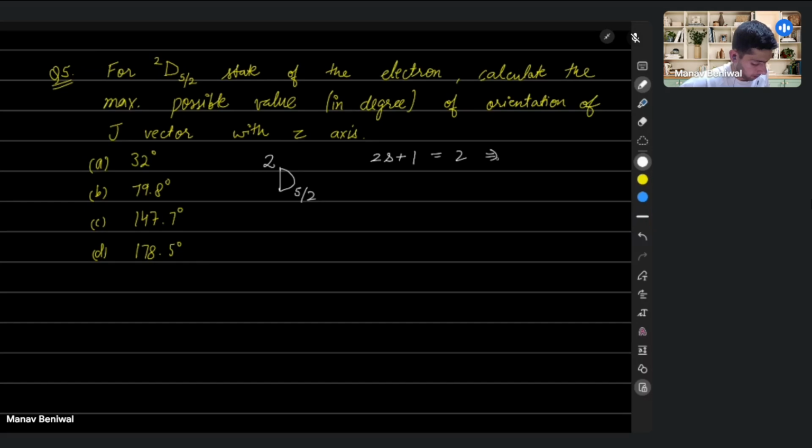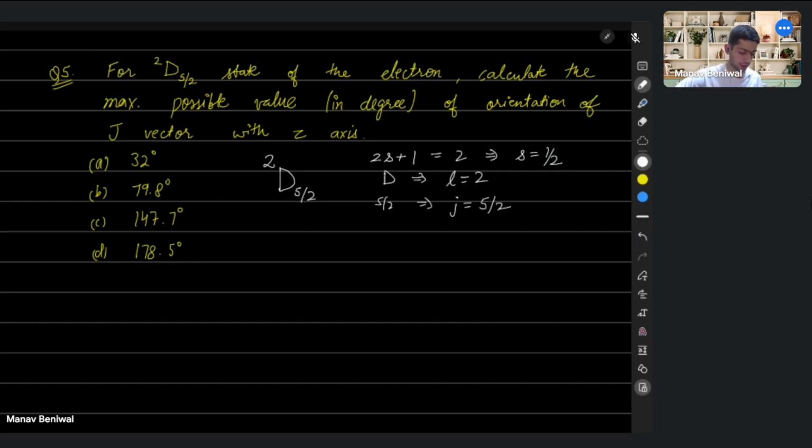This would imply that s is half. And this D would imply that, S P D 0 1 2, so L is equal to 2, and this 5 by 2 implies that our value of j is 5 by 2.